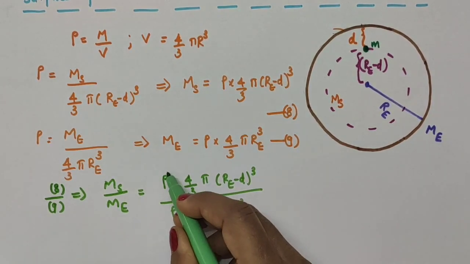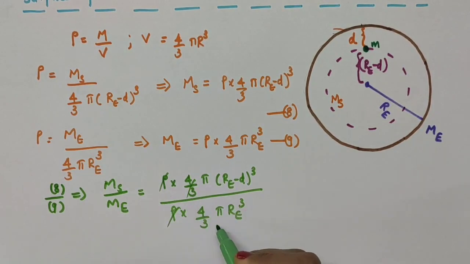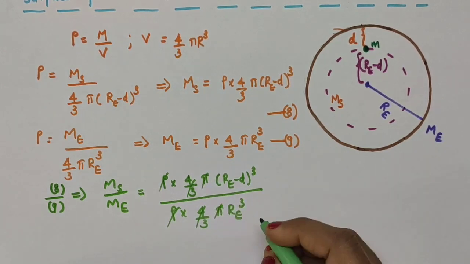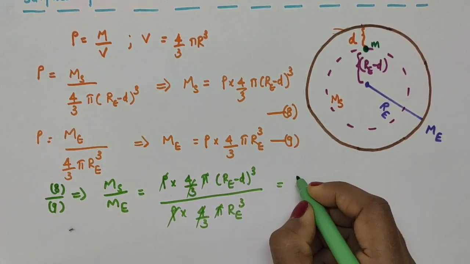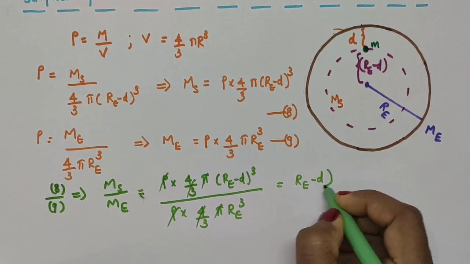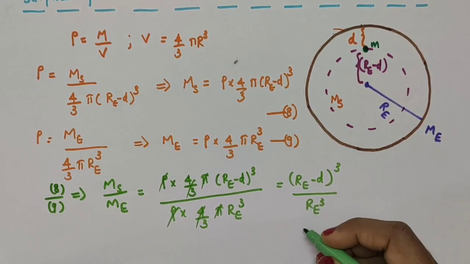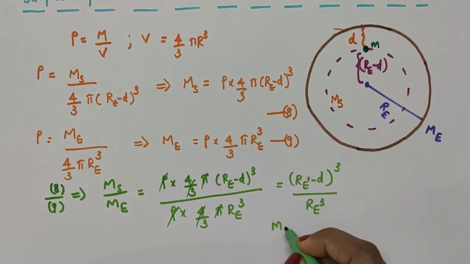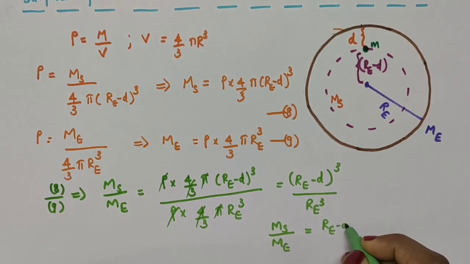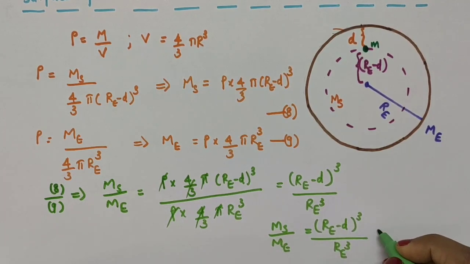See, rho cancelled, 4 by 3 cancelled, pi cancelled. So the rest we are getting as (Re minus d) the whole cube divided by Re cube. That is, we are getting this ratio, mass of the smaller sphere ms divided by mass of the earth is equal to (Re minus d) whole cube divided by Re cube. I am taking this as equation number 10.